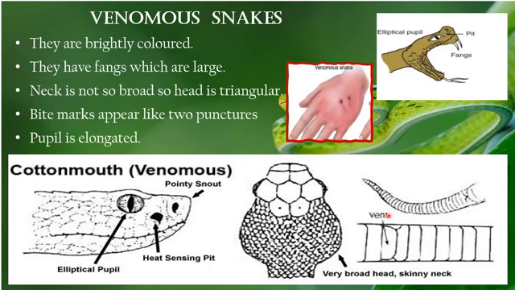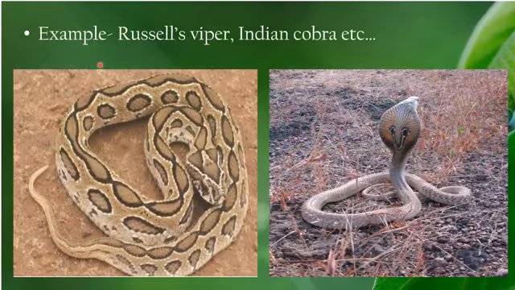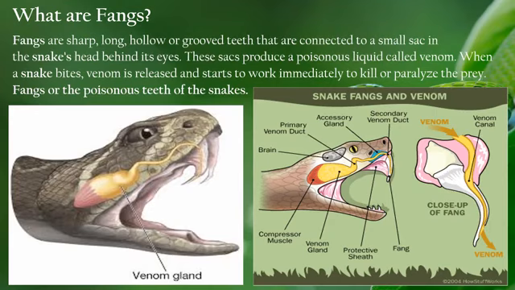The last thing is the scales present at its tail. They are not in a single line but overlapping, and that is a feature of a venomous snake. Examples of venomous snakes are the Russell's viper and the Indian cobra.